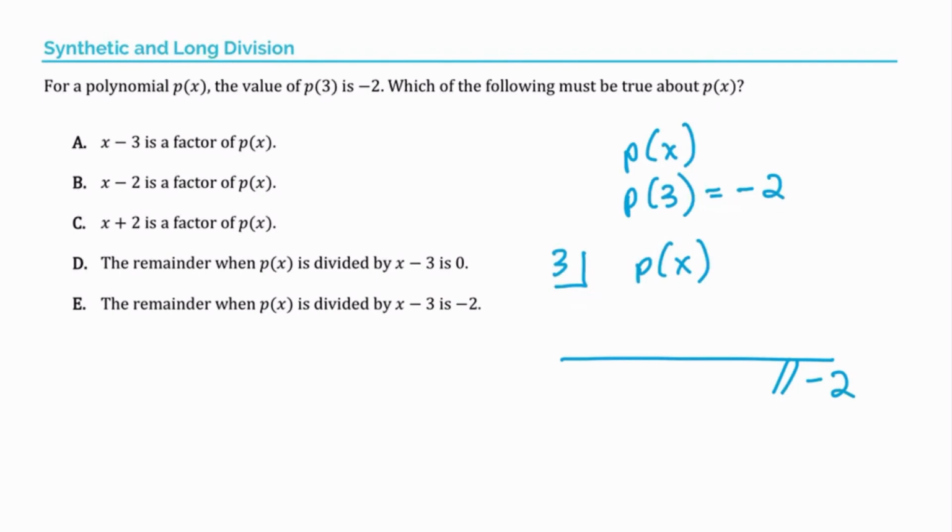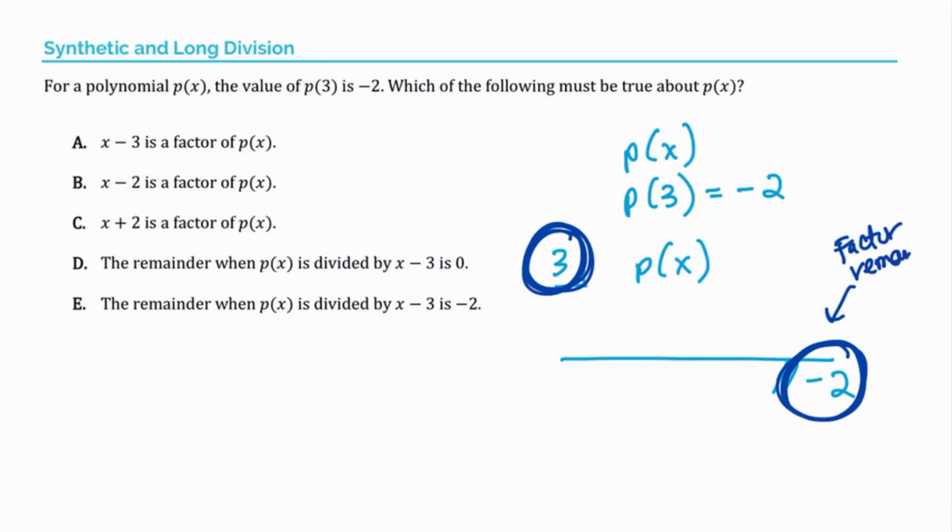Now remember, what did that mean? That meant that if I plug x equals 3 in, my answer is -2. Well, that means that x minus 3 is not going to be a factor, because remember, for something to be a factor, the remainder equals 0.